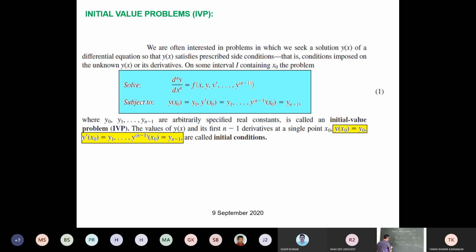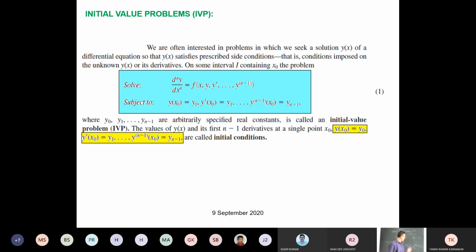Let me call that I. And of course, the hero of all these initial conditions is nothing but the point x naught. I still haven't told you anything about the point x naught. Of course, this point x naught has to be defined in the interval of definition, say I.